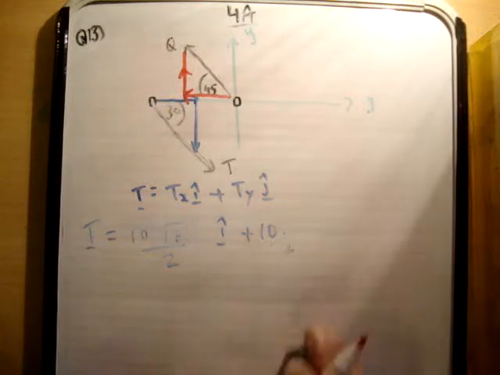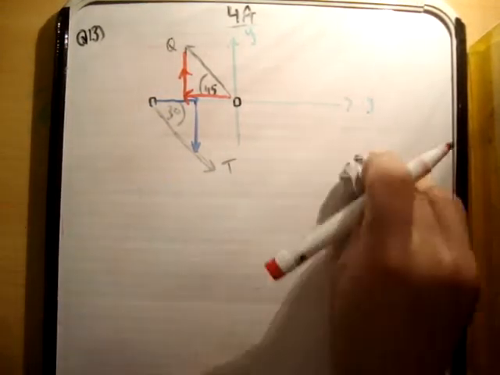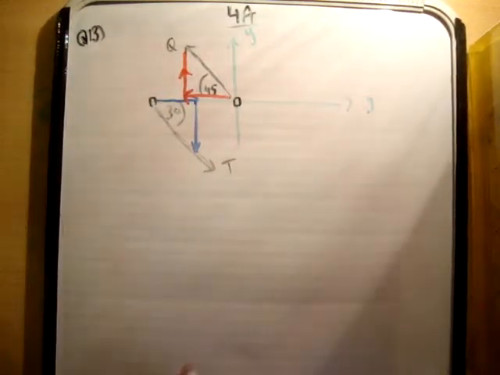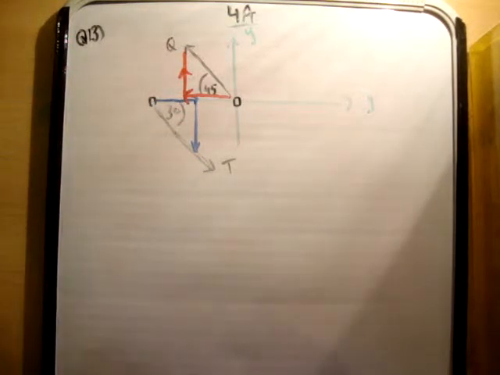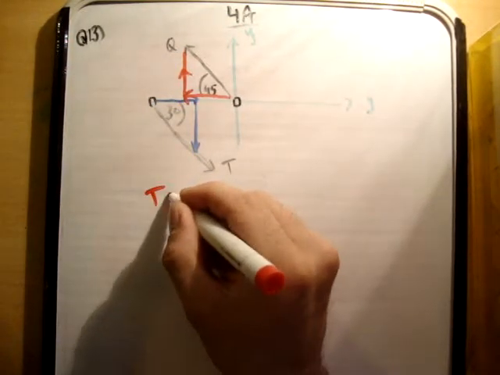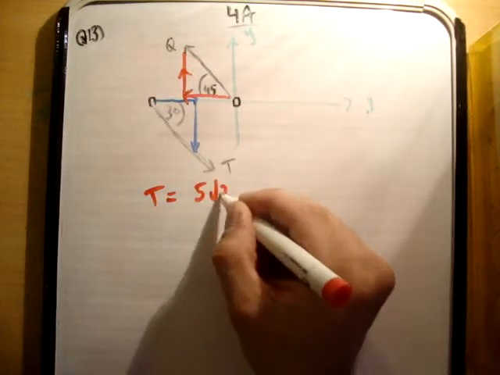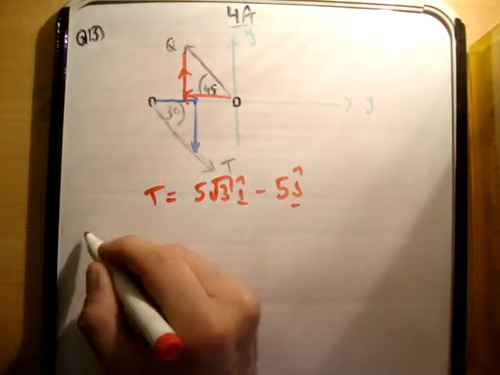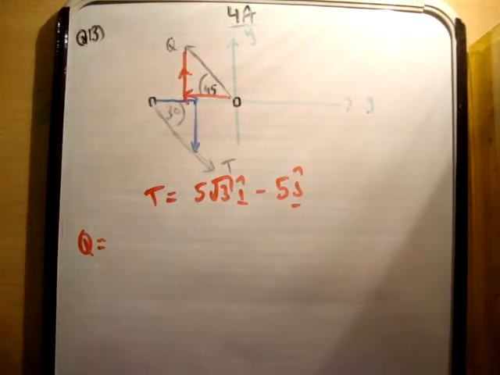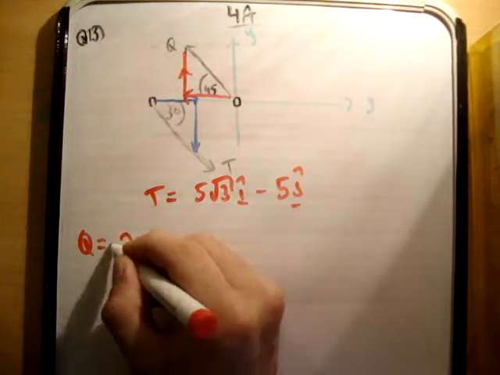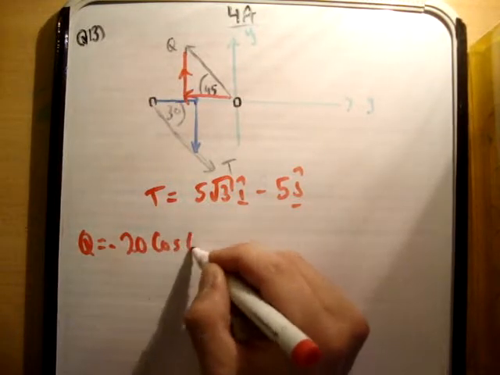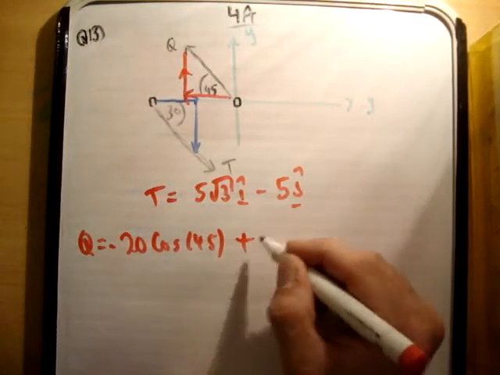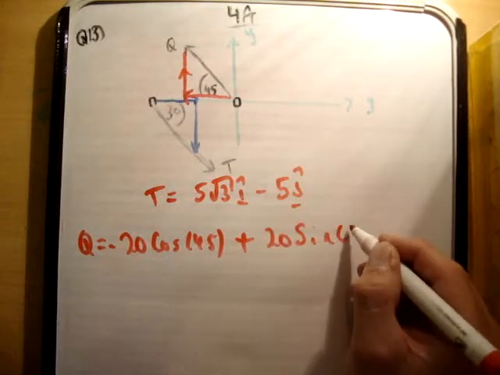So if we do a similar thing for Q, it'll be 5 root 3 i hat minus 5. So I'll just say T is equal to 5 root 3 i hat minus 5 j hat. Alright, and Q will be equal to, its magnitude is 20, so it'll be negative 20 times the cos of 45 plus 20 times the sine of 45.